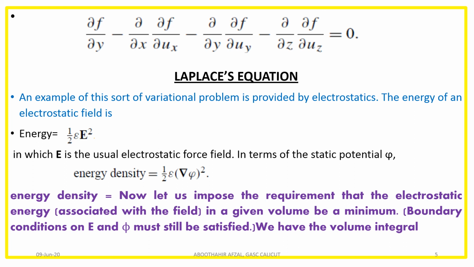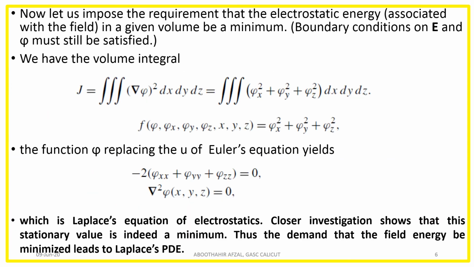The condition is that the electrostatic energy in a given volume is minimum. Coming to the next slide, we use the expression for energy density, (del phi) whole squared, which is going to be minimized.